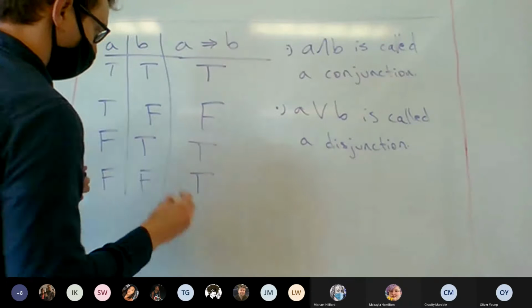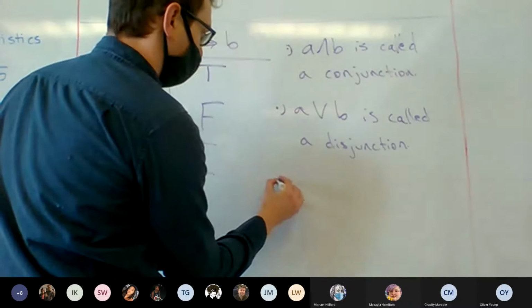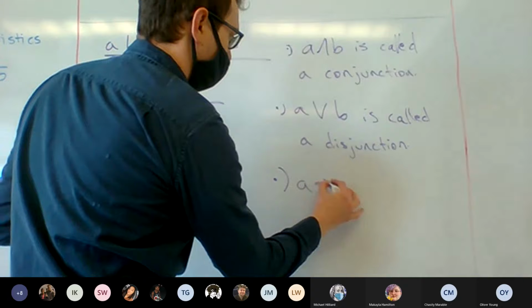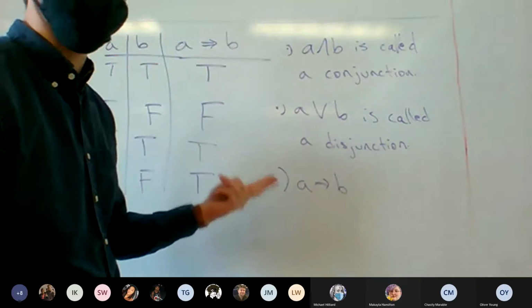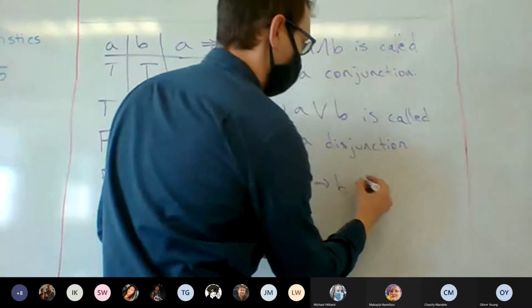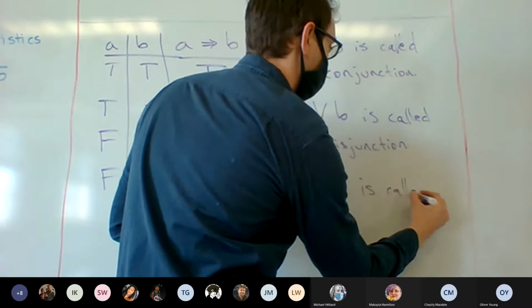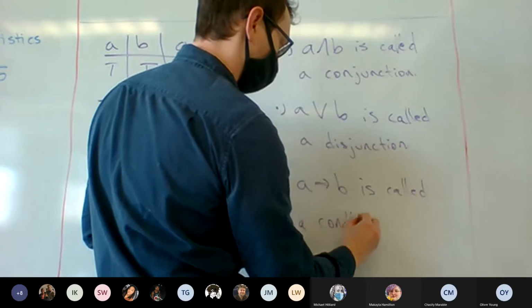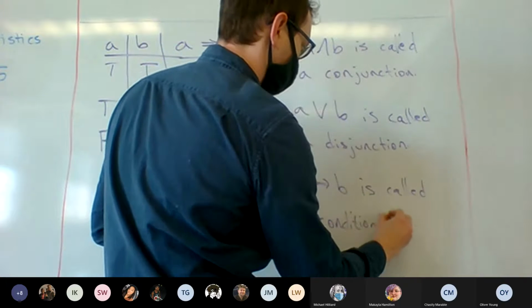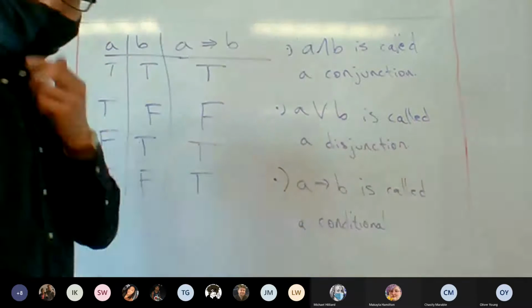In every other case, it's true. And we call this, it already has several names, right? If then, an implication statement, and the new one is called a conditional, which I argue that name really fits.